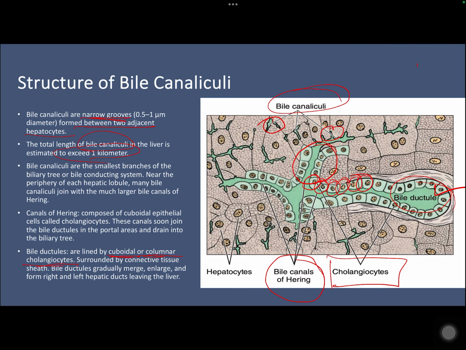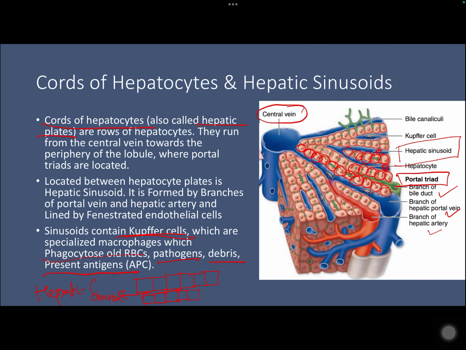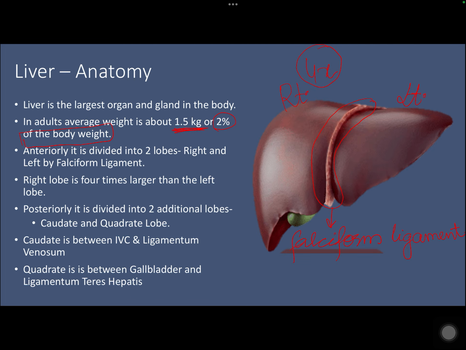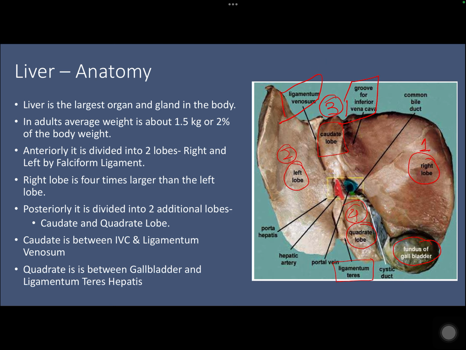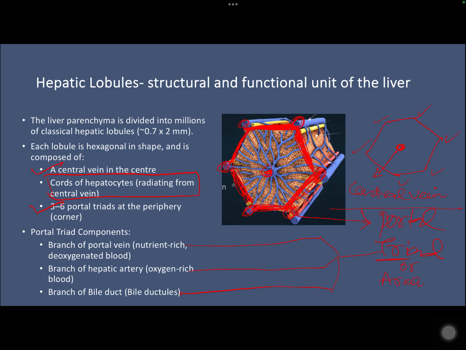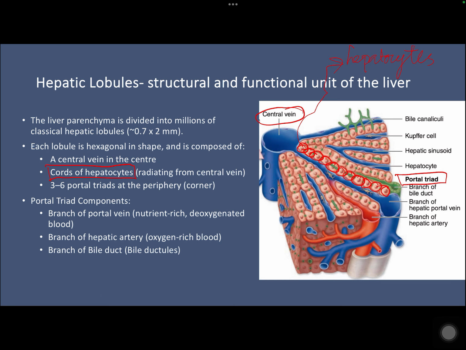So we will summarize what we have learned today. Initially we started with the gross anatomy of the liver: the right and left lobe, then the falciform ligament, then two additional lobes, caudate and quadrate lobe. Then we discussed the hepatic lobule, which consists of a central vein, portal triad, and the cords of hepatocytes.